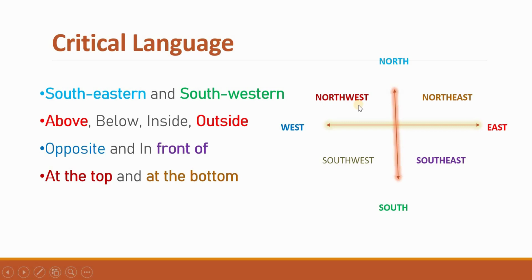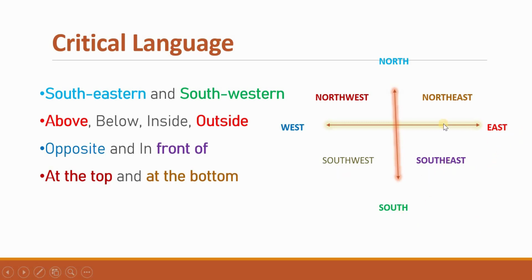Now what is this location? This is northwest. This is northeast. Now you have to come here. You have to use this south one and north one. Now what is this? South, west, southwest, southeast.